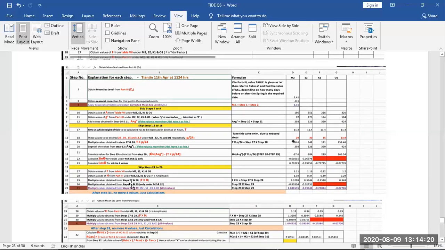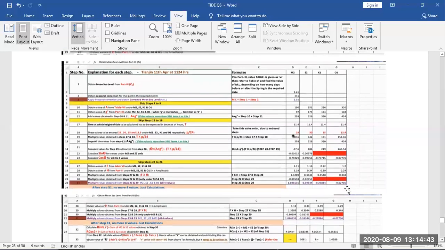Multiply the values from steps 27 and 28, that is F into H, and you get the answer for all values. Now we multiply the values from 22 and 29, that is F H sine theta for M2 and S2 only, and F H cos theta for all values, which we will use later on.